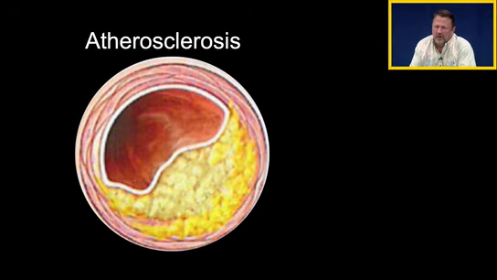Another way that we're going to control atherosclerosis is to quit smoking, and then eventually, when we finally get to endocrinology, we're going to need to control diabetes mellitus as well. And so there's all sorts of lifestyle changes that we can do to avoid this. Sometimes we have to resort to medications, and this is a pharmacology class.